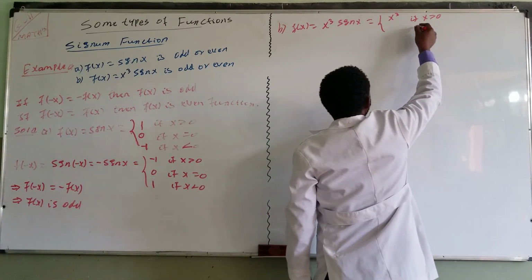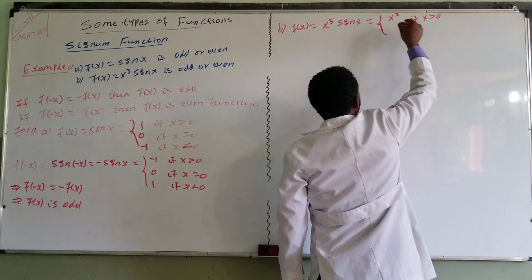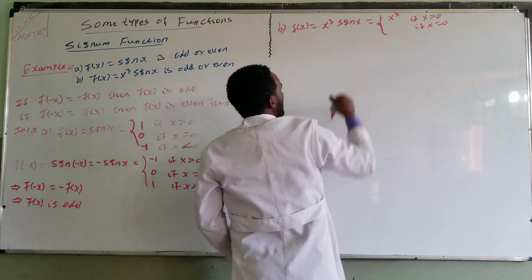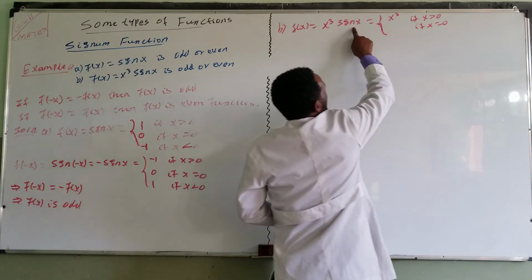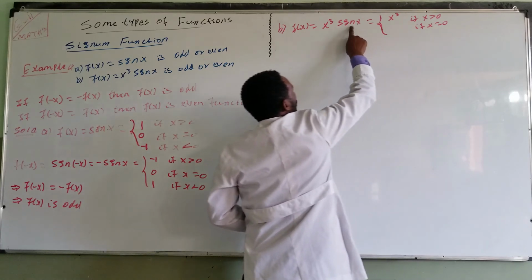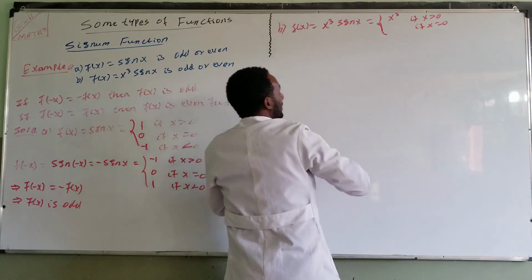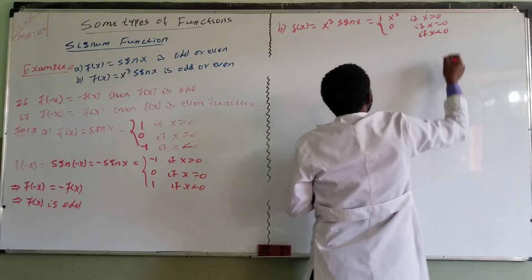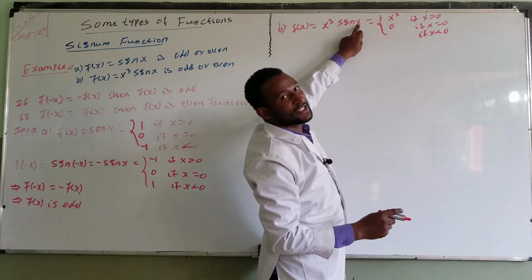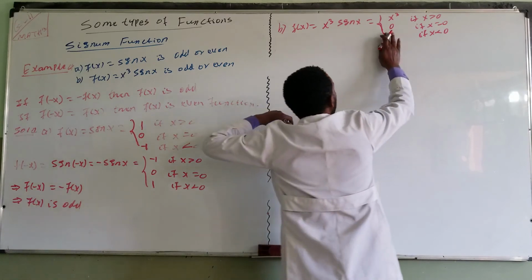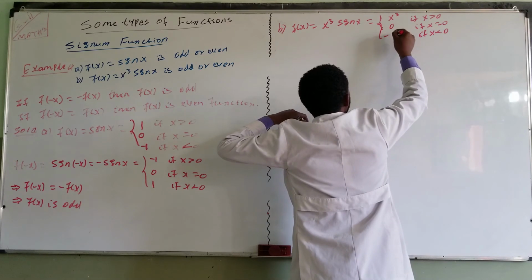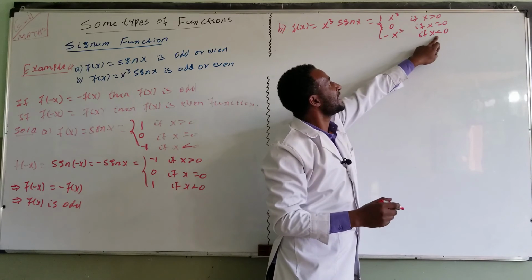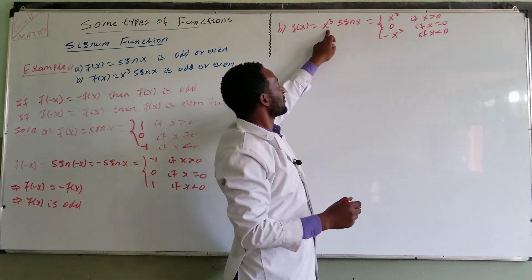If x is equal to 0, signum of x is 0, and 0 times x cube is 0. If x is less than 0, signum of x is negative 1, and negative 1 times x cube is equal to negative x cube.